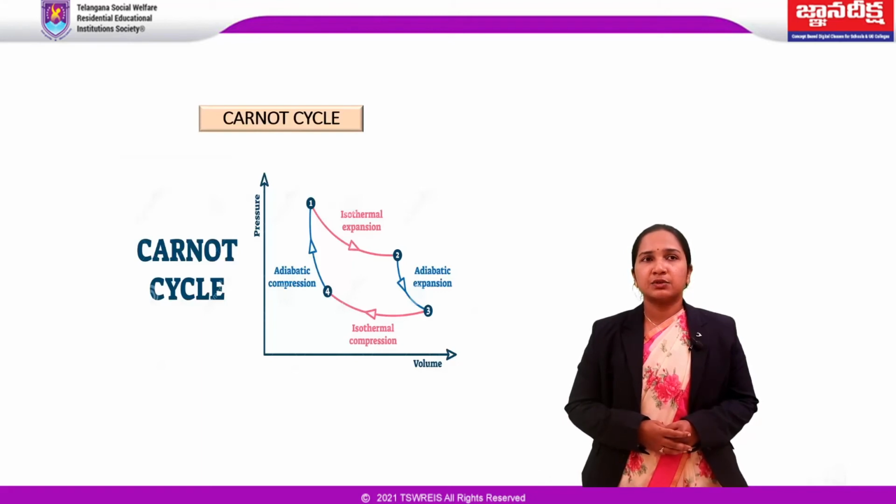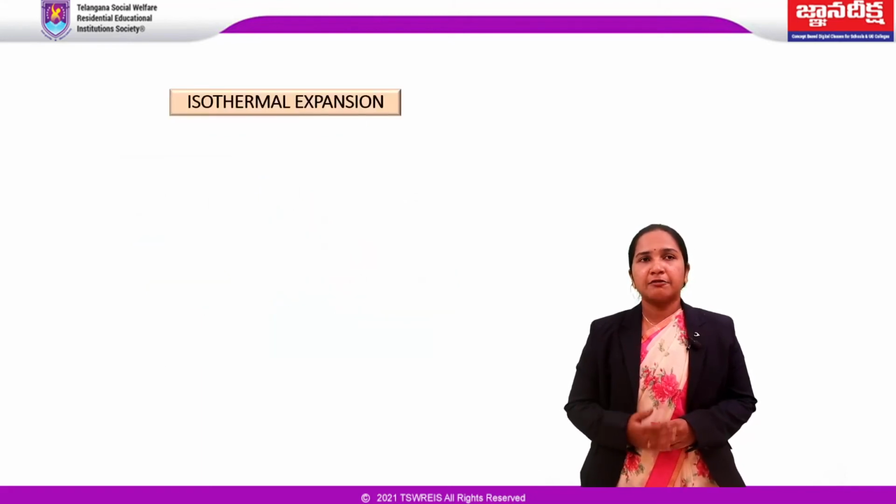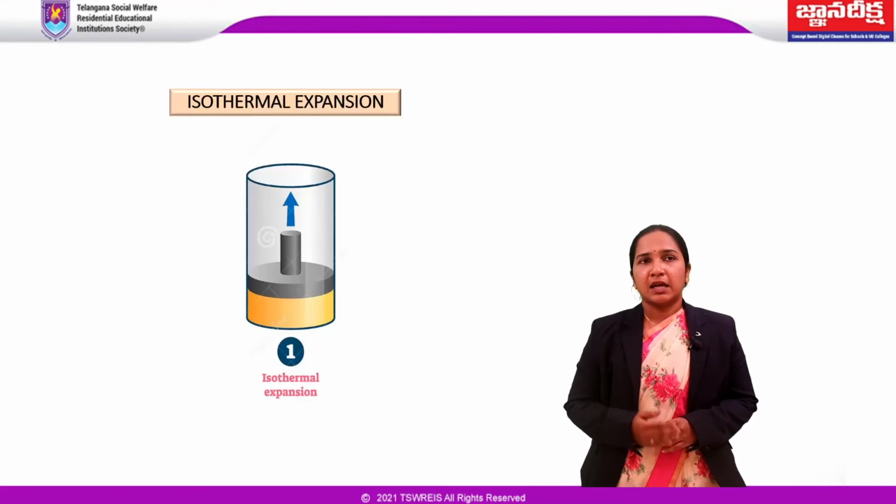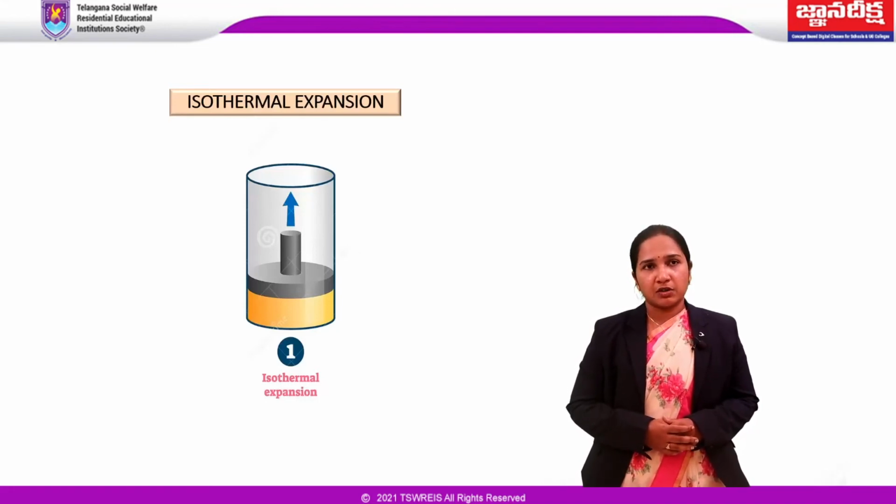First one is isothermal expansion. At first, the working substance is kept in contact with the source. The piston of the cylinder is moved outwards. The gas expands at constant temperature. Heat is absorbed from the source to keep the temperature constant.